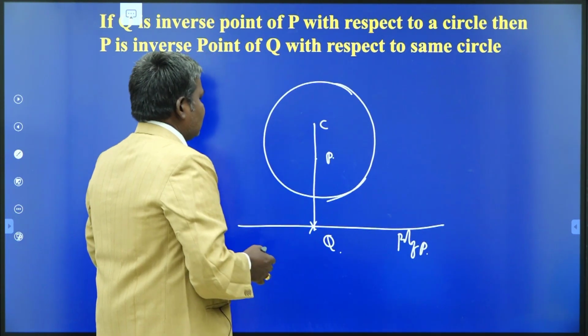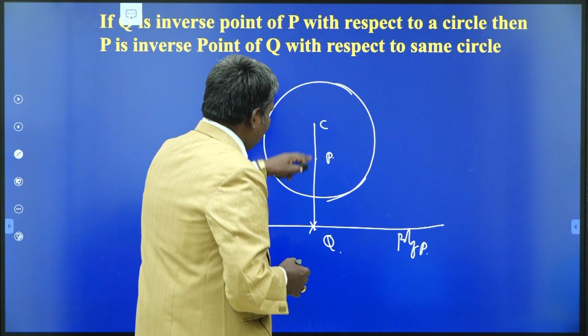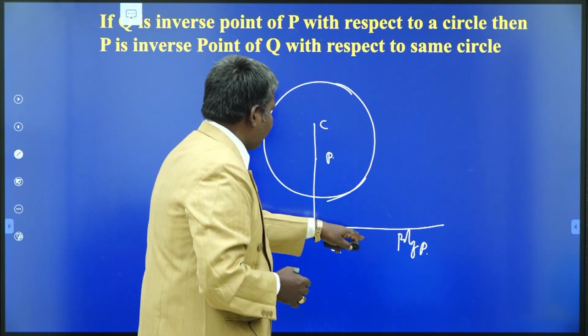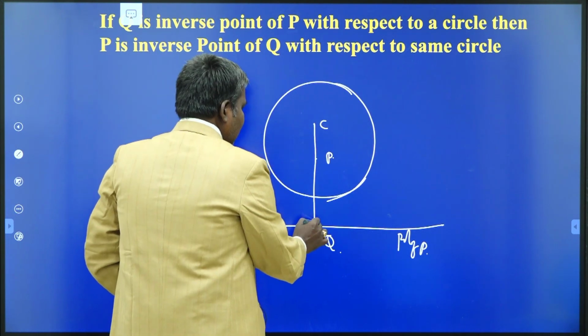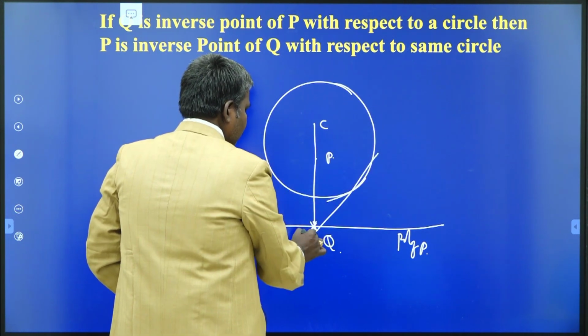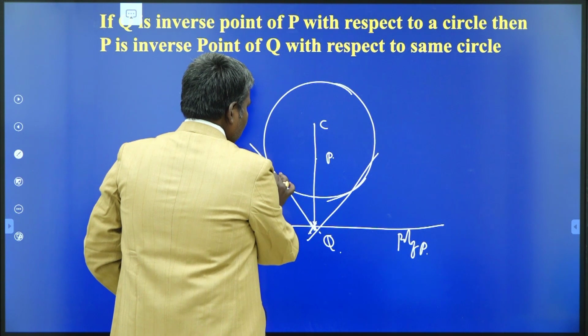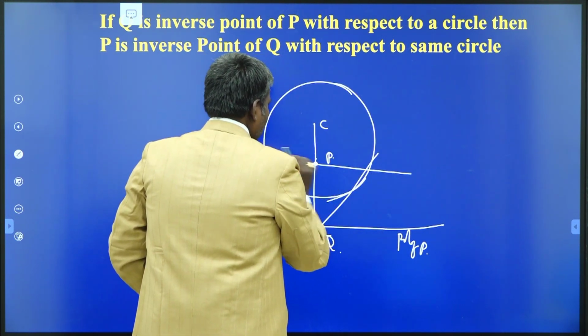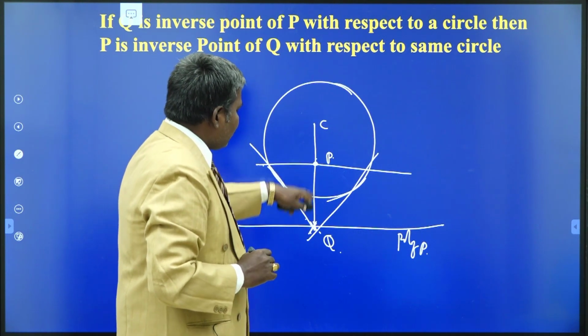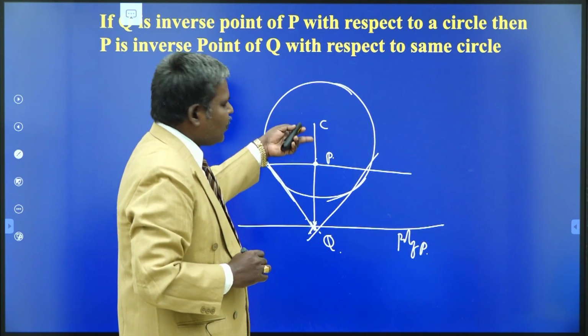Or you may convince yourself in this manner. This is the point of intersection of the polar of P and the line joining CP. Now again write the polar of P here, and the polar of Q. This is the polar of Q. Since the polar of P passes through Q, then the polar of Q passes through P or not?